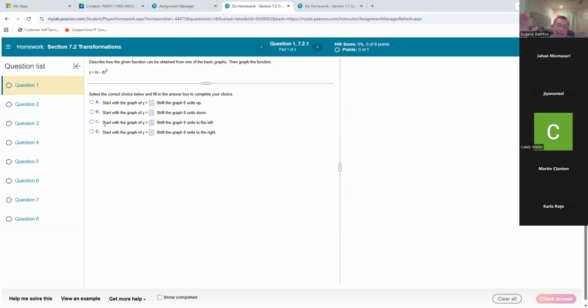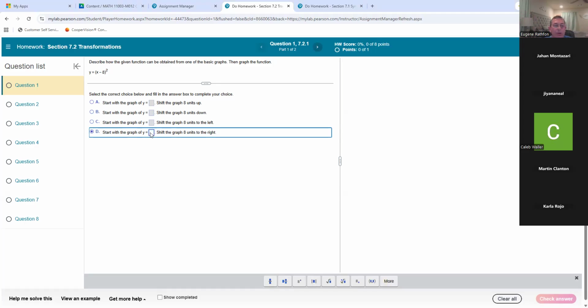And remember, I'm inside those parentheses. So it's going to definitely move it right. So we got to come down here and pick D on this one, the one that said it moved it to the right. And in the little box, you got to put your x squared. So put the x and then square it. You got to tell it the basic graph that you're dealing with, okay?